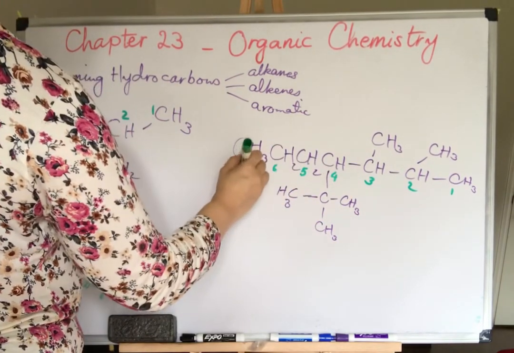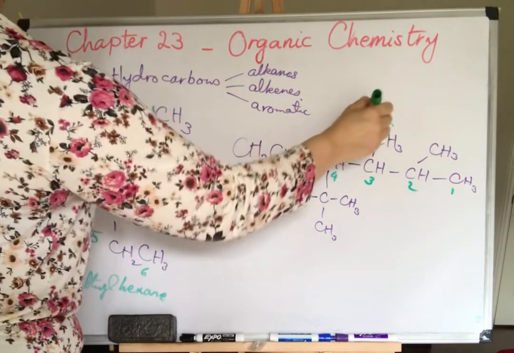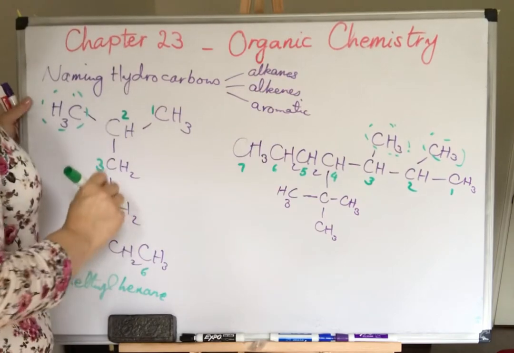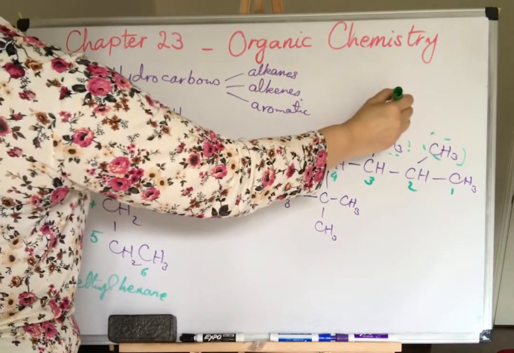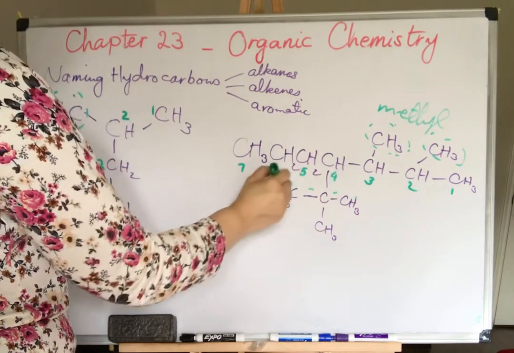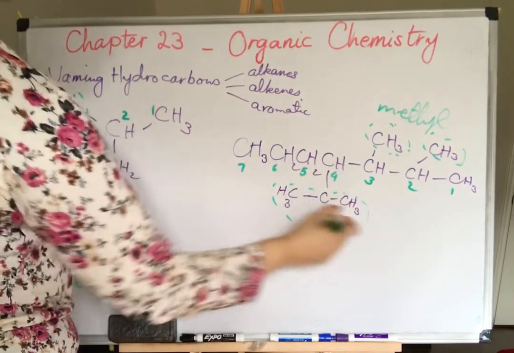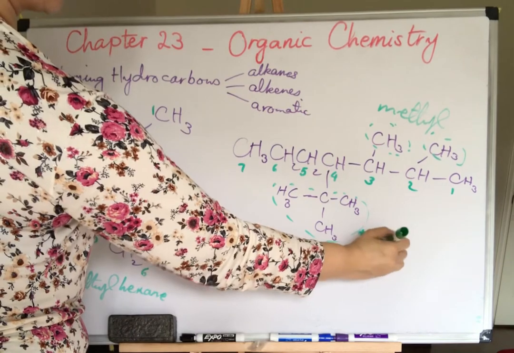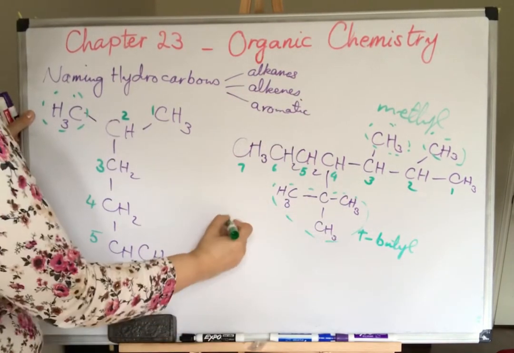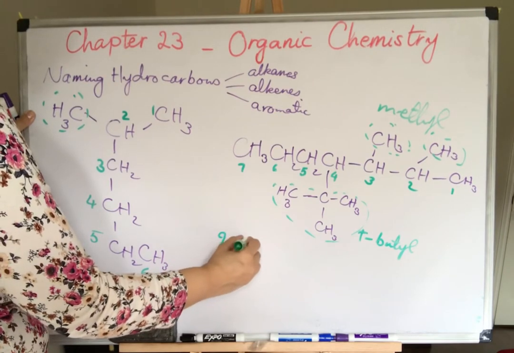And we should have memorized the branches really well. What do we have on the second and on the third one? You have 2 methyl groups, right? And on the 4th carbon, you remember this big guy? This is called tert-butyl or just T-butyl. So M comes before T, so we have 2 and 3.